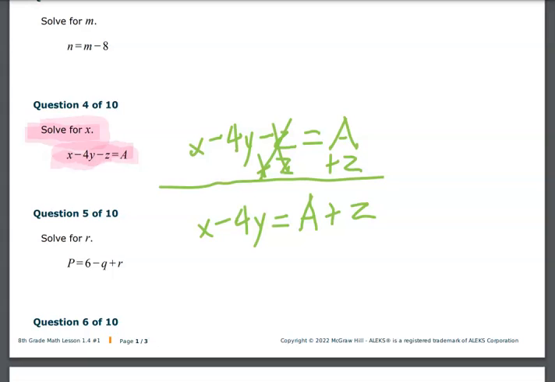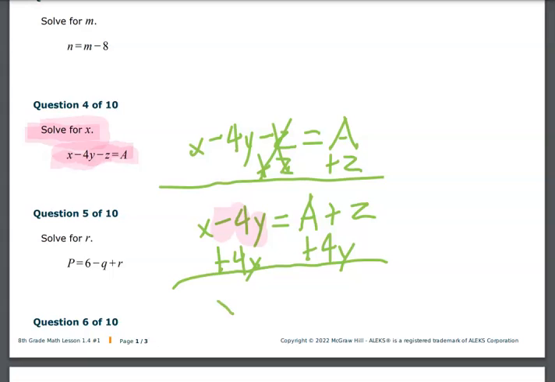And from here, all I have left to move is this minus 4y. And again, I'm going to move it the same way. I'm going to add 4y. And what I do to one side, I do to the other. So I'm going to add 4y.